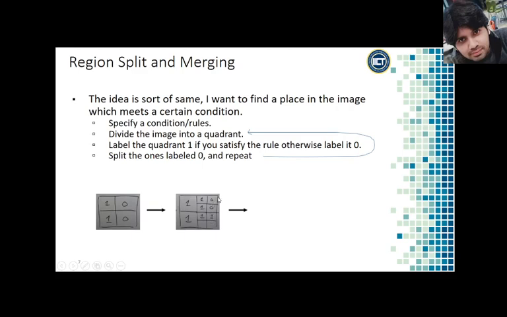And we have to repeat, dividing into different quadrants like this, and again label the ones which satisfy the condition, label the others 0, and then again divide the quadrant into smaller quadrants.